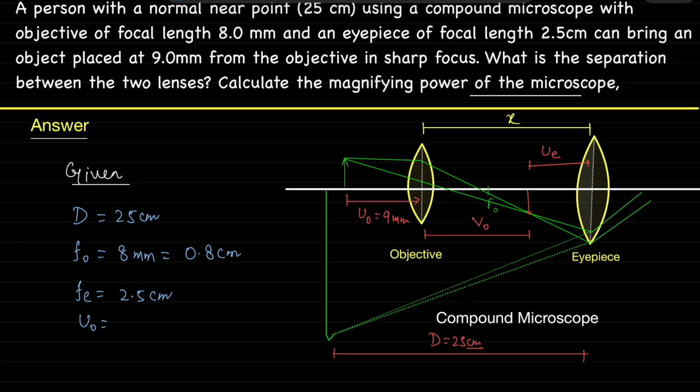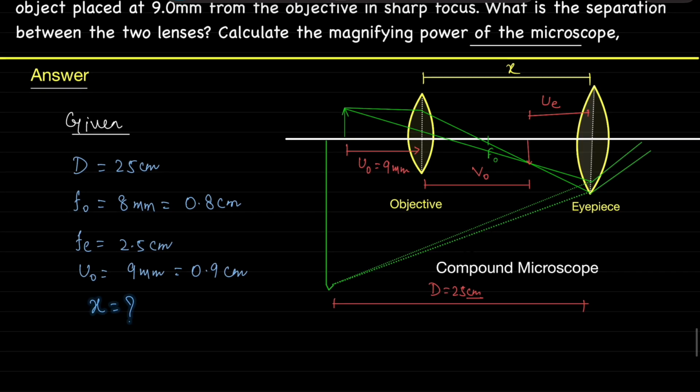UO is 9 mm equal to 0.9 centimeter. And we have to find the separation between the two lenses. So this is the separation between the two lenses and it is equal to x. So here we have to find the value of x, and in the second part we need to find the magnification. So first we will find the value of x.